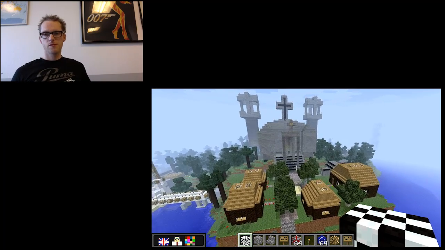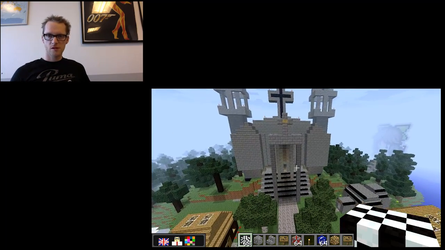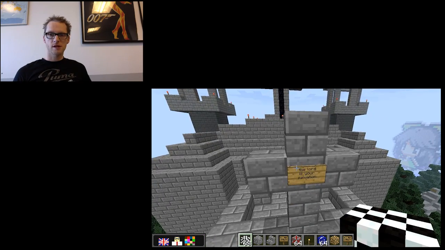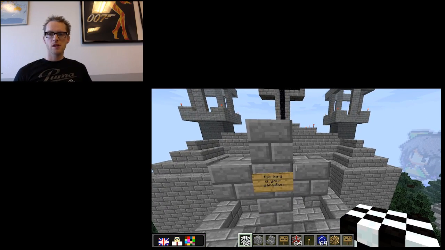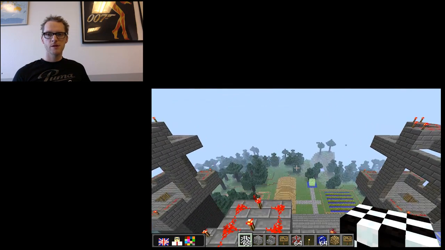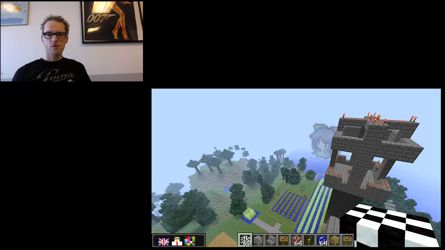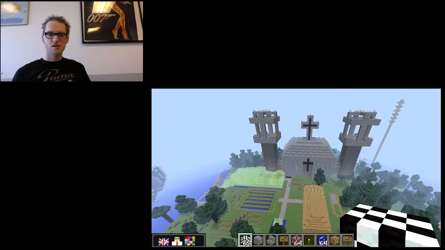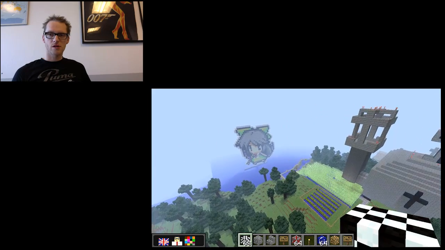And the goal was for them basically to have fun with building and coordinating building. For us, we wanted them to train collaboration in building, and we also wanted them to solve conflicts and discuss the content that they wanted in the island.